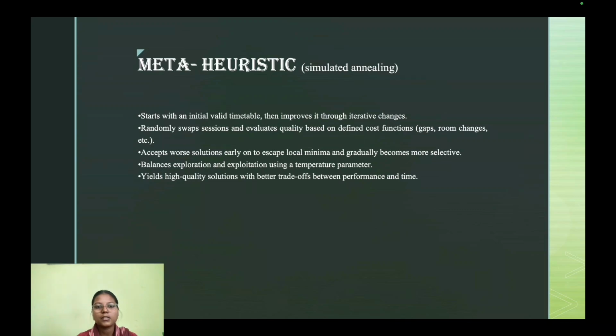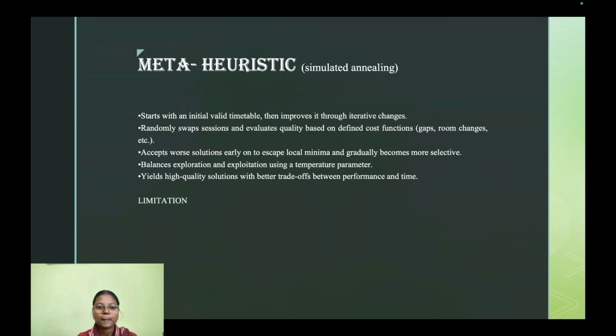Randomly, we swap sessions and evaluate quality based on a defined cost function, such as gaps, room changes, etc. We accept worse solutions early on to escape local minima and gradually become more selective, balancing exploration and exploitation using a temperature parameter, which yields a high quality solution with a better trade-off between performance and time.